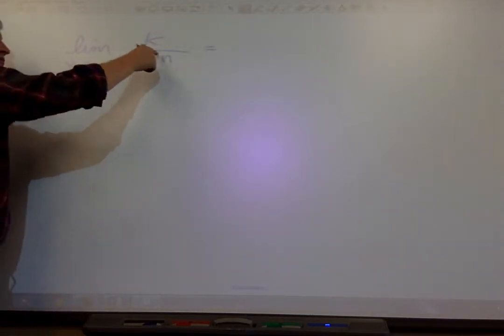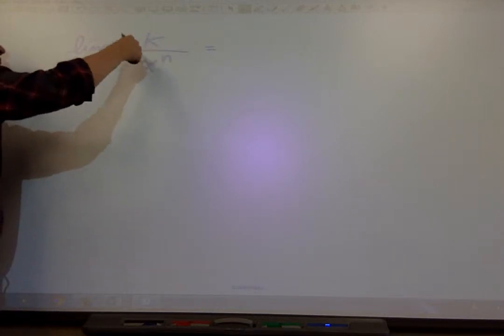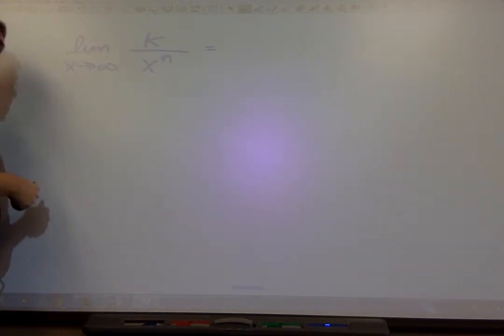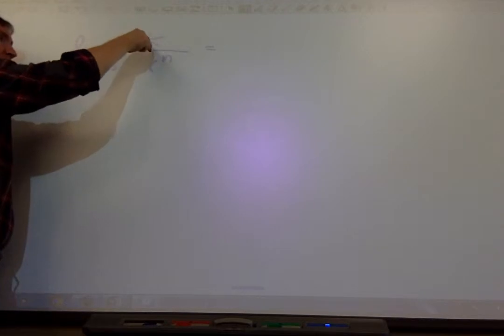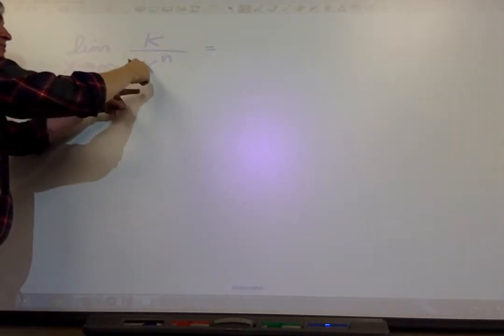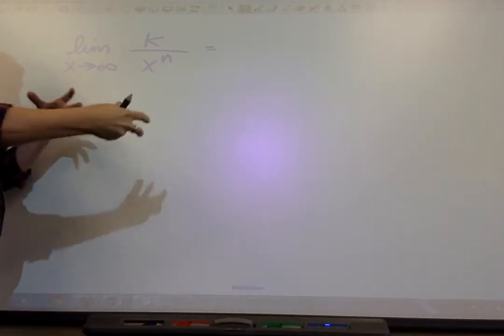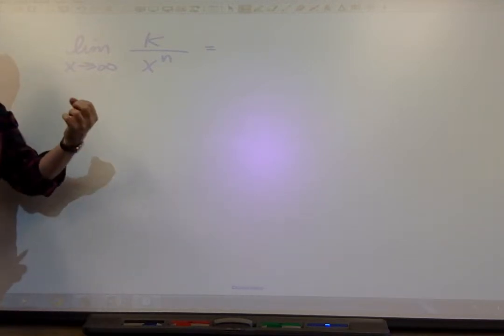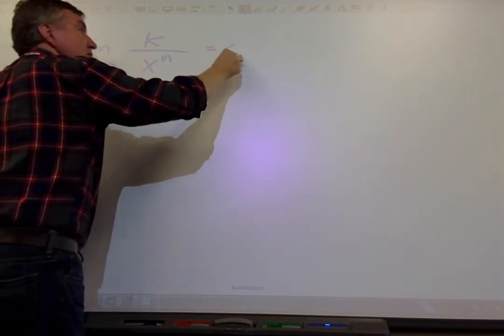What if this x gets larger and larger and larger? Yeah. If that's like a 2 or a 7, some constant, but this is like a million, then a billion, then a trillion, that fraction gets smaller and smaller and smaller towards 0, doesn't it? That limit is 0.